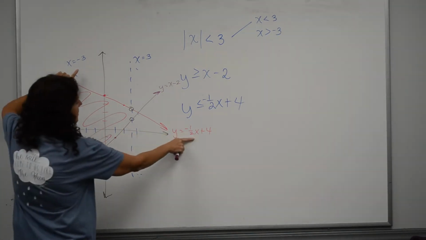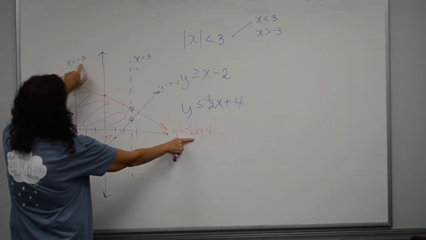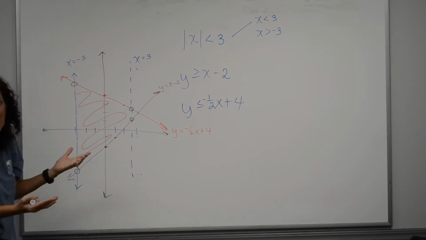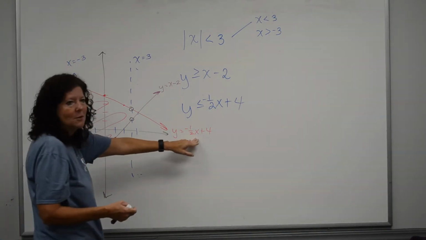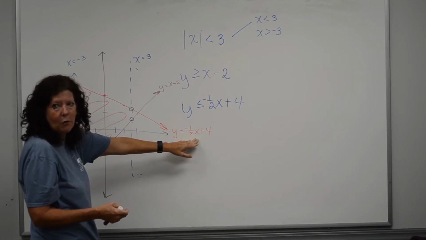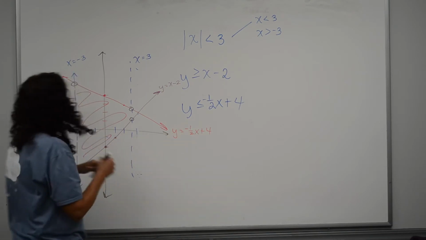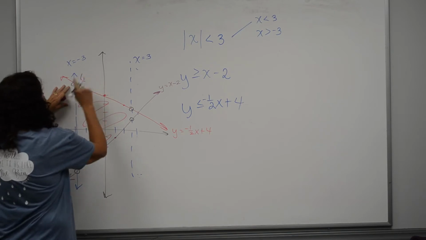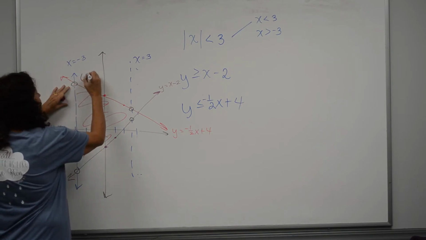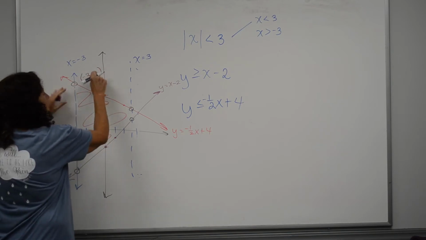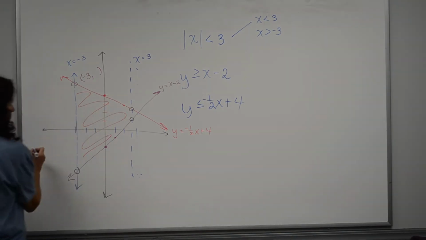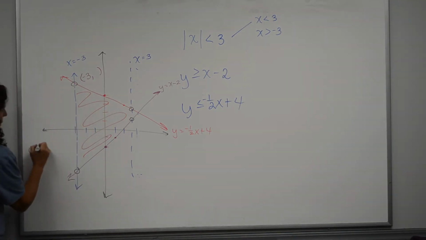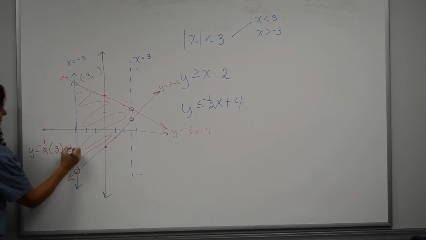This right here is the intersection of the red equation and this blue equation. So I take this red equation, now this is x equals negative 3, so I can't put it in my calculator. But what I can do is I can substitute negative 3 in there for my x and solve for y. Because I know the x value on this is negative 3. What I'm looking for is the y. So I go y equals negative 1/2 times negative 3 plus 4.